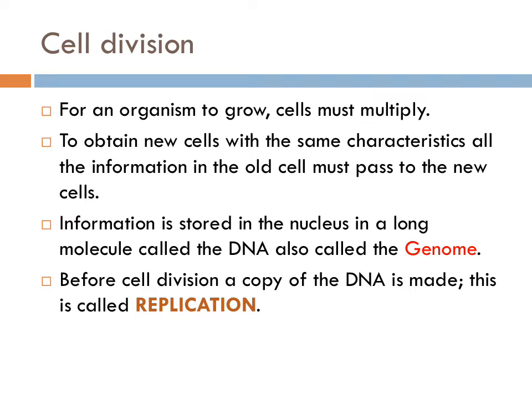If it wants to make enzymes, antibodies, or hormones that are protein in nature, the recipe for how to make this protein molecule is stored in the DNA. So to make new cells, we have to make sure that a new copy of the DNA is made, and making a copy of a DNA is called replication.